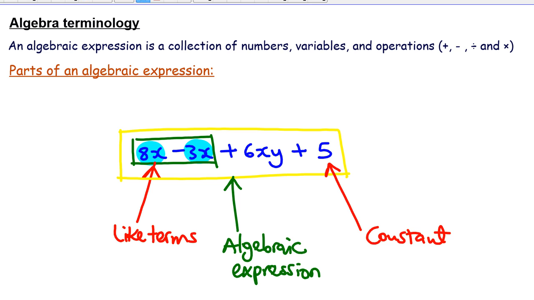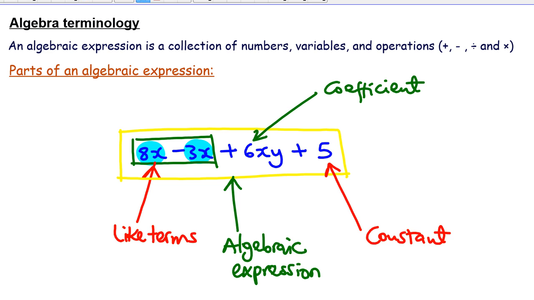And this one here, we call a coefficient. A coefficient is a number that's multiplied by a variable. Here 6 is multiplied by two variables, x and y. I'll mention those in a bit, but a number that is multiplied by variables is called a coefficient.